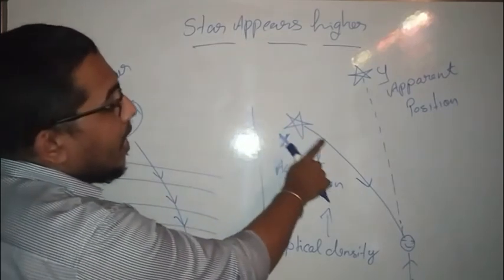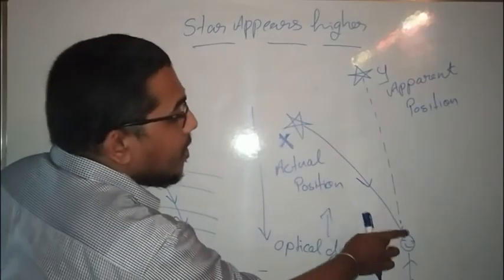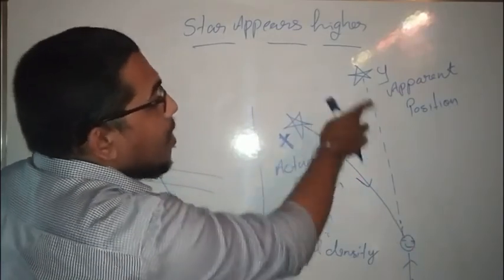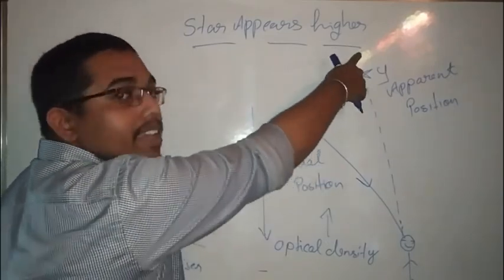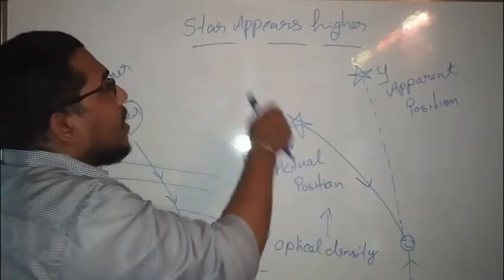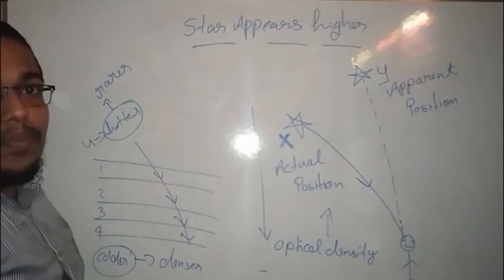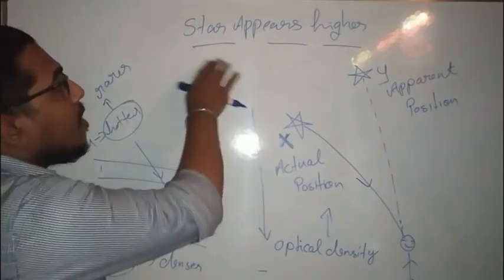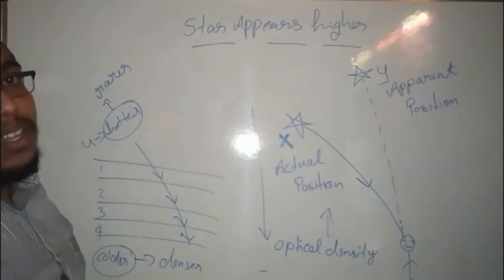So the light bends like this, or refraction of light takes place. As a result, the person sees that the star is slightly higher than the actual position. Clear? And that is about the position of the star in the night sky.